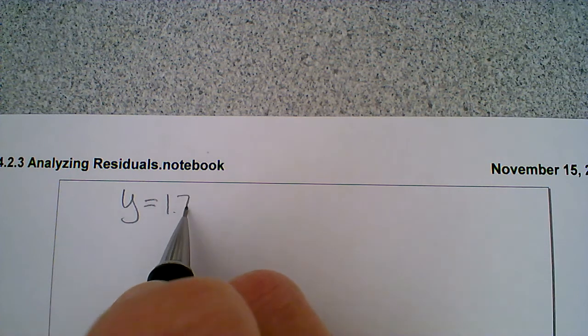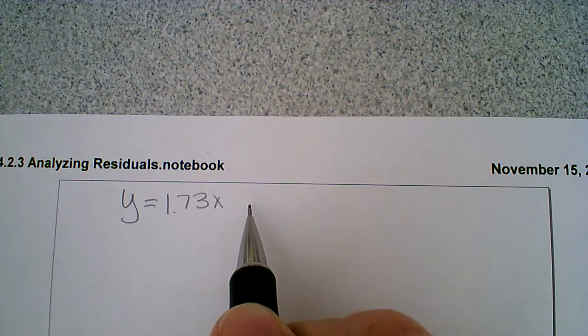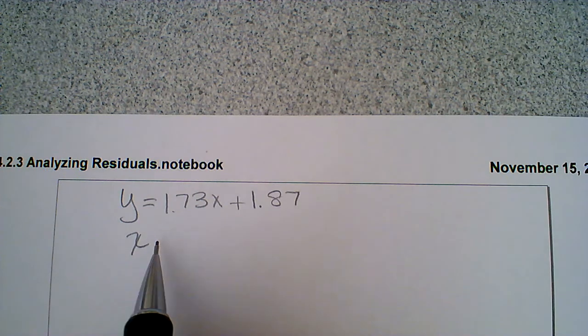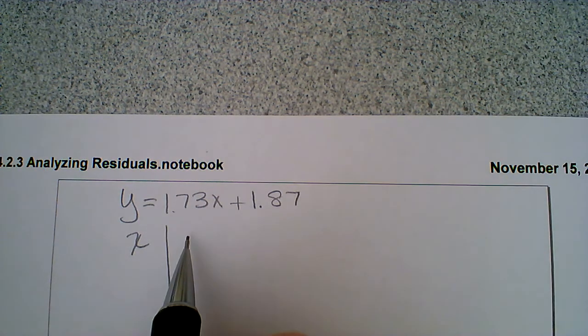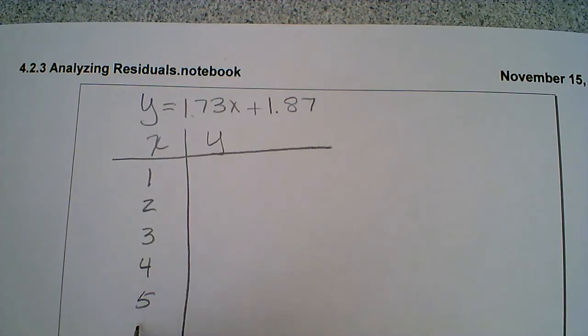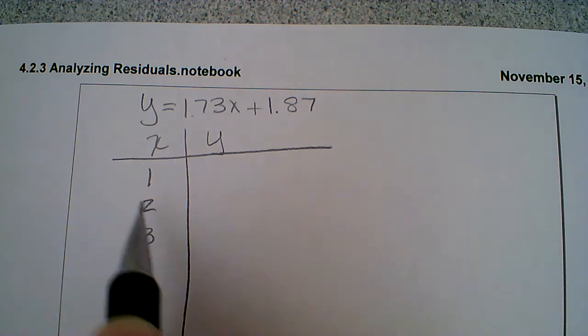So his equation was y equals 1.73x plus 1.87. So let's create that X and Y table. And his was numbered 1 through 10.